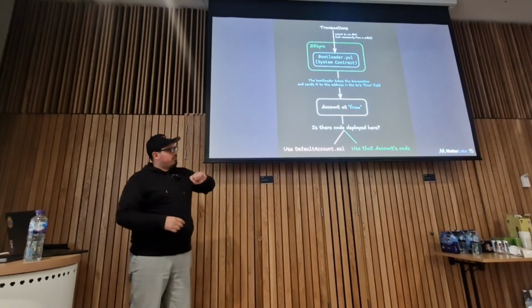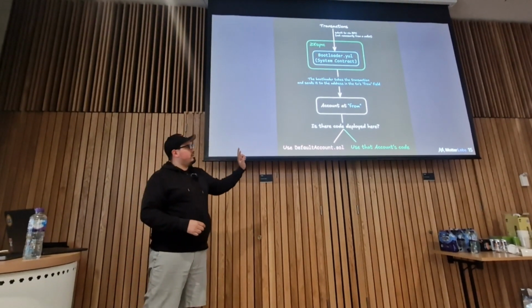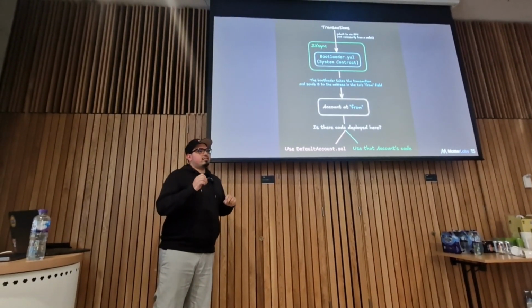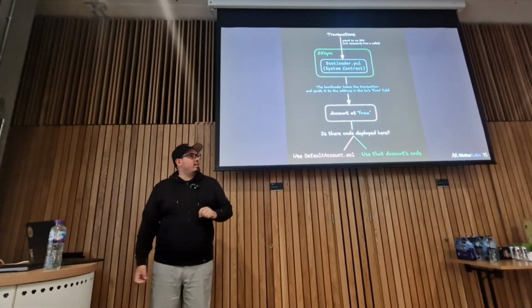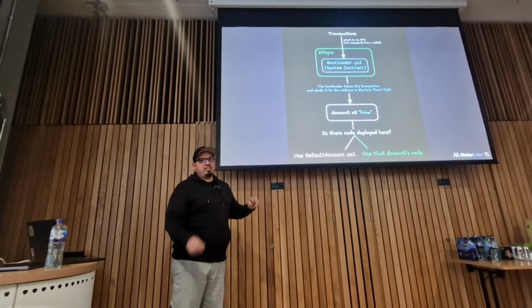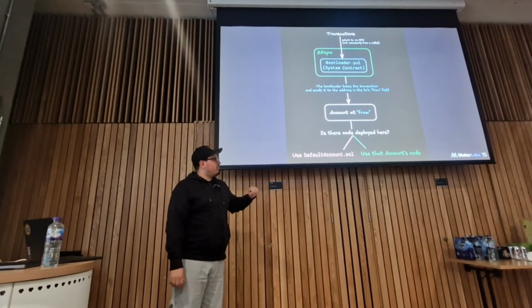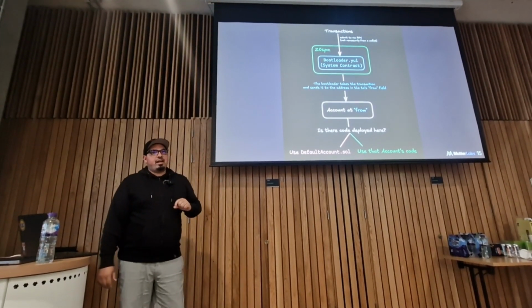This is where the bootloader makes a decision. It looks at that from address and sees, is there any code deployed there? If there isn't, then we're going to treat it like an EOA wallet using this smart contract called DefaultAccount.sol. And yes?